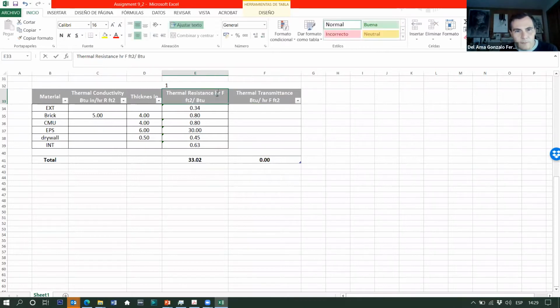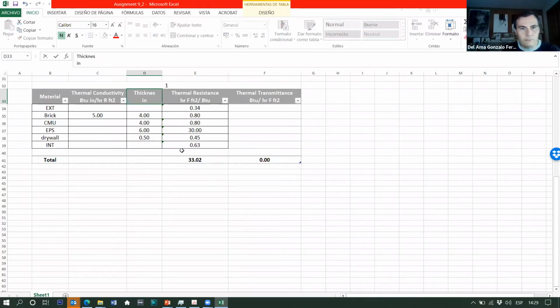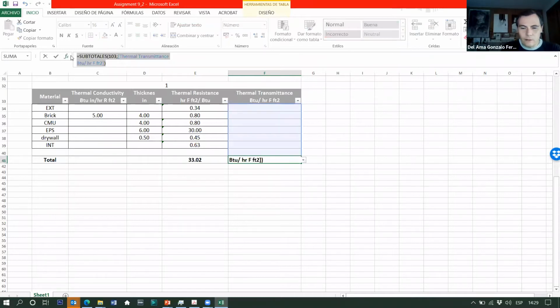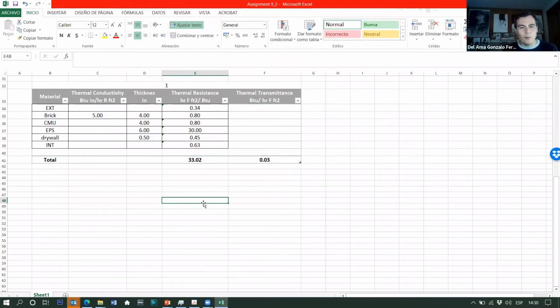We can't calculate the thermal transmittance of each layer. We have to calculate the total thermal transmittance. So that equals 1 divided by the total thermal resistance. There you go, 0.03.